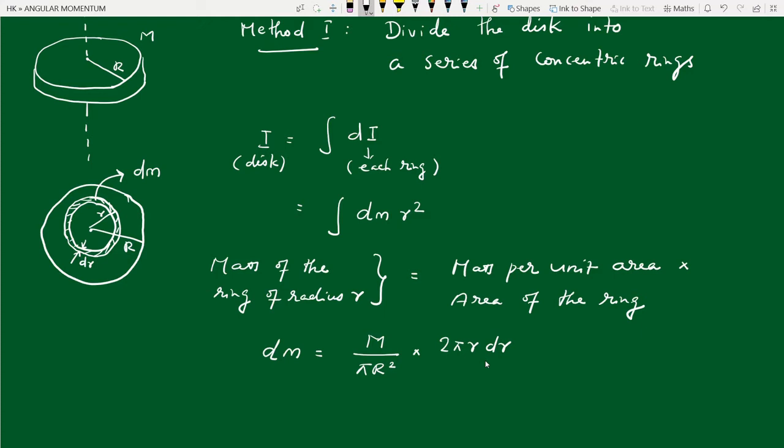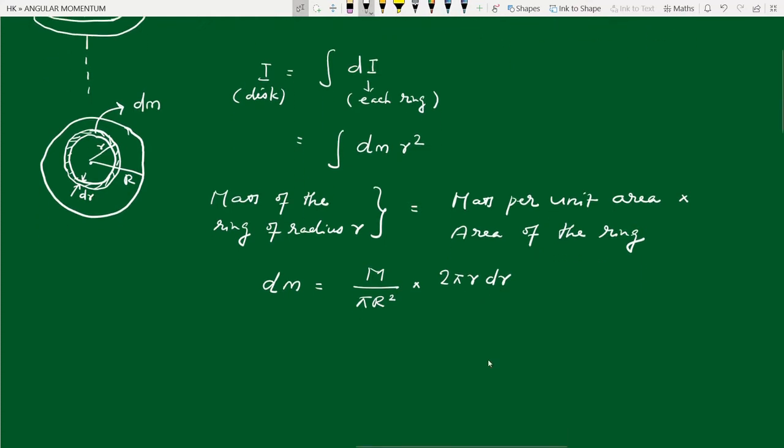So we have got dm, and we can substitute that value in the above expression. Therefore, the moment of inertia of the disk is equal to the integral of M by pi R square into 2 pi r dr, which is nothing but dm, into r square. And what is it that we are integrating?